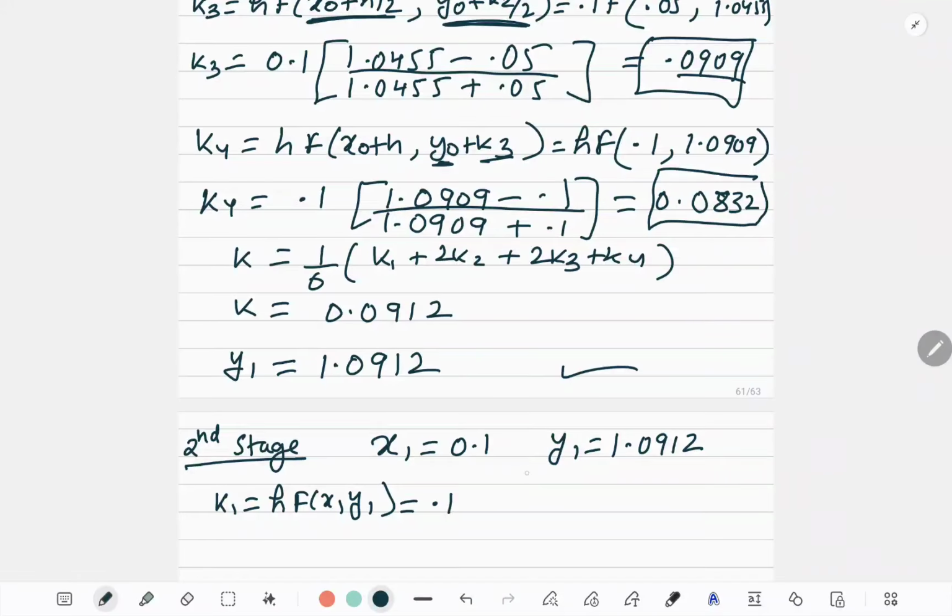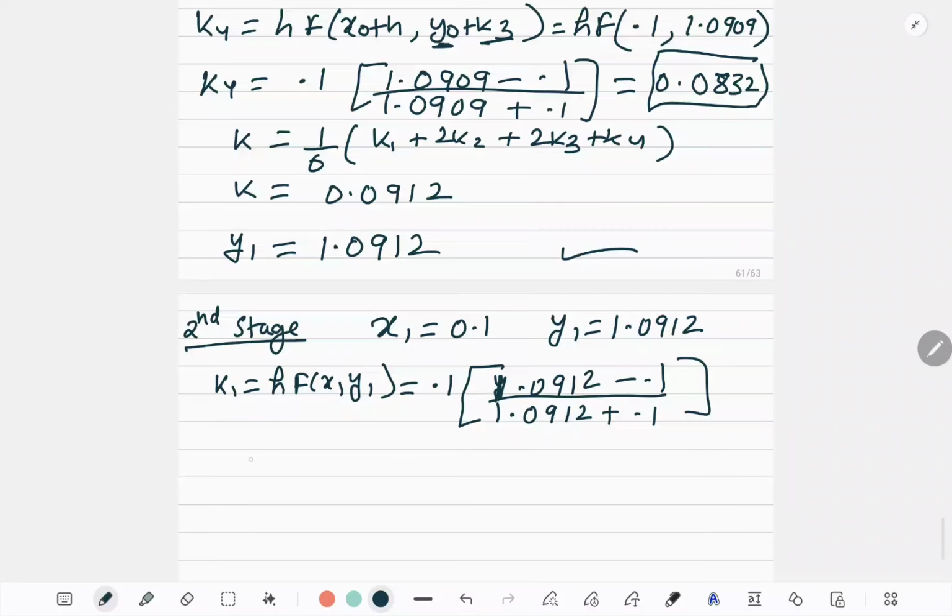So 0.1, and if I put in the value of function, y1 means 1.0912 minus 0.1 upon 1.0912 plus 0.1. Right? So my K1 value is equal to 0.0832.